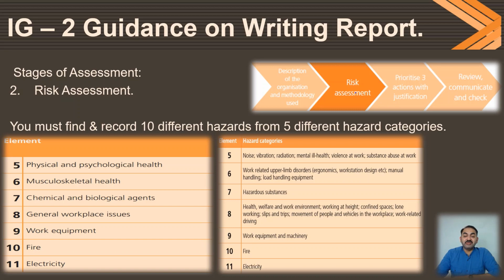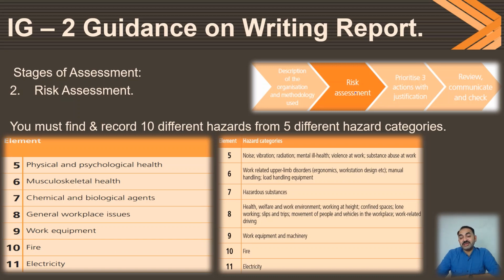You cannot, for example, if there is a construction site, come up with all 10 hazards from the same activity or same nature of hazards. You need to cover 5 different categories. So looking at the screenshot here, these are the major categories of hazards: physical and psychological health, musculoskeletal health, chemical and biological agents, general workplace issues, work equipment, fire and electricity.